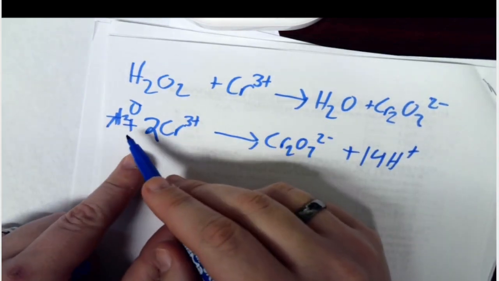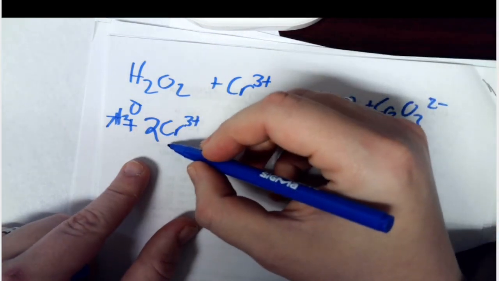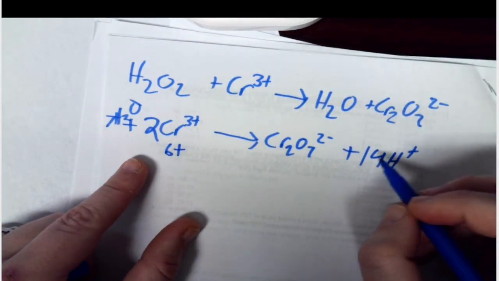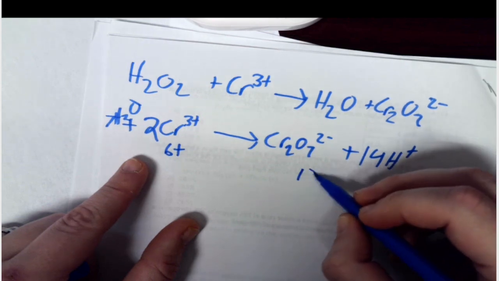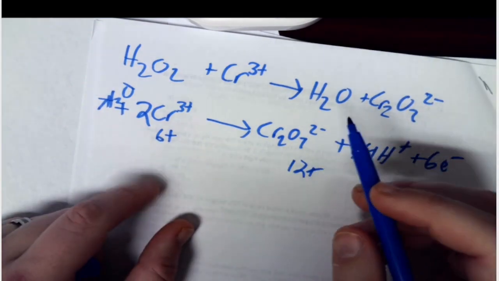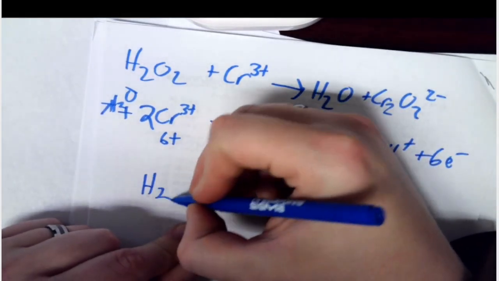So 7 times 2 is 14. The total charge on the left is 6. The total charge on the right is 12. So we have to add 6 electrons to the right. This half reaction is balanced.